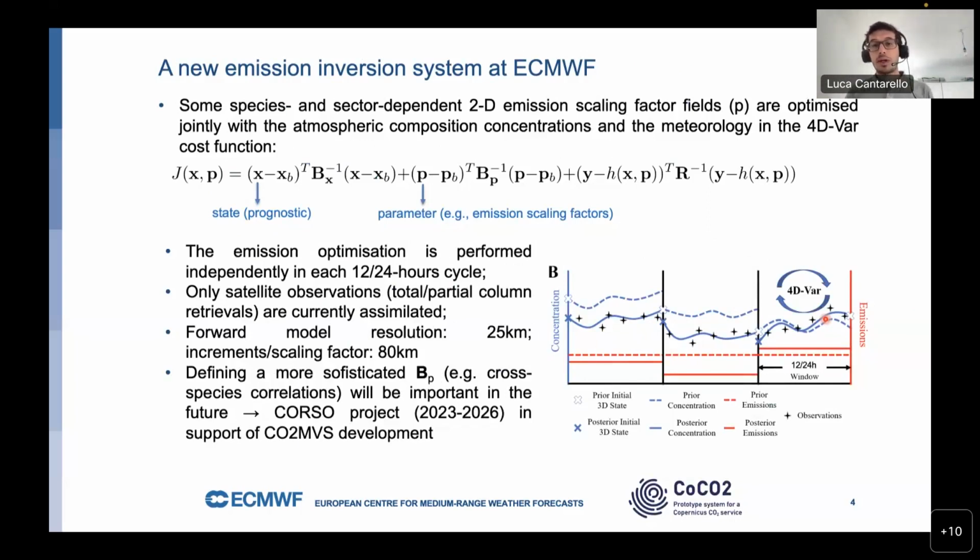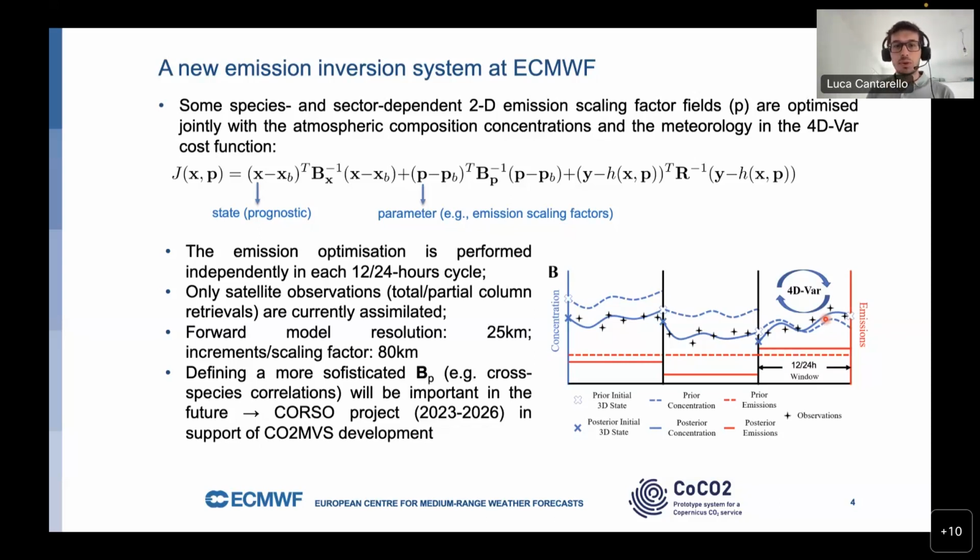And this is optimized jointly with the atmospheric composition concentrations and the meteorology. And this is, of course, a nice advantage of developing this at ECMWF, because we already have the infrastructure in place to optimize these two things, and we can add also the optimization of the emissions inside.